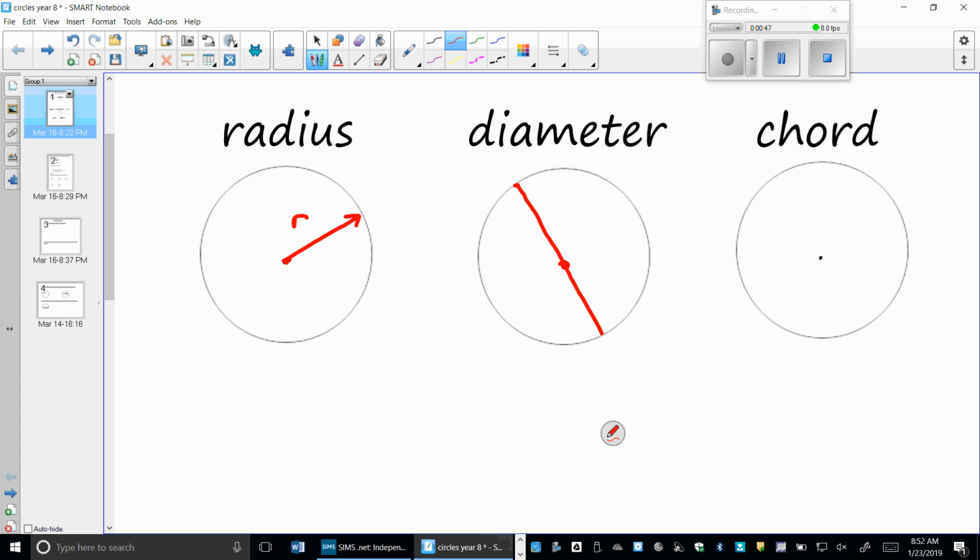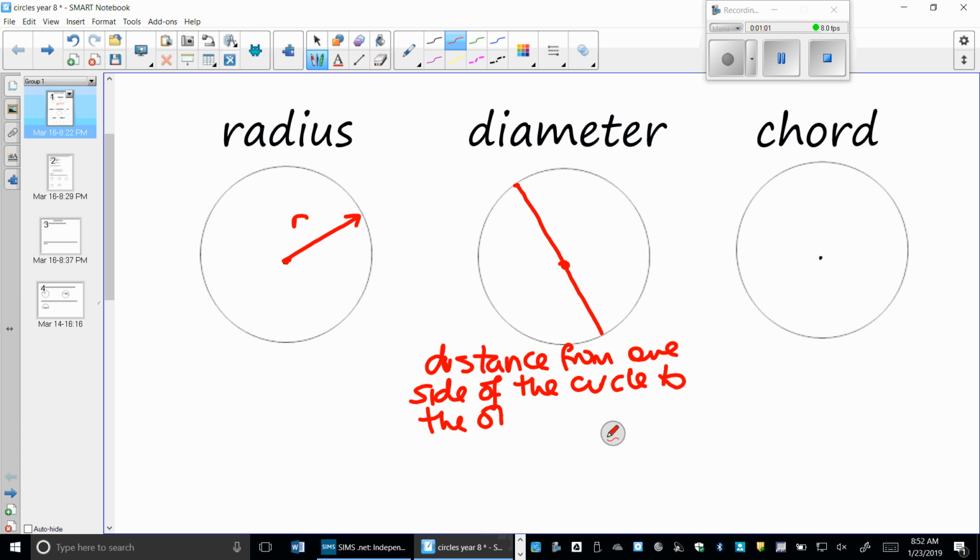So the diameter is the distance from one side of the circle to the other, I'm going to put in capitals, through the centre. Now, I appreciate that I don't know that those dots are actually in the middle of that circle, so I do apologise. They're not great, but it gives you an idea.